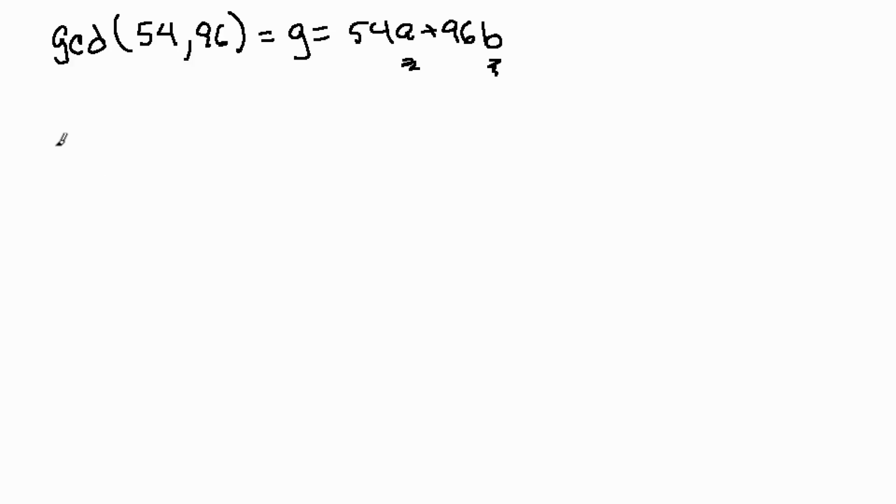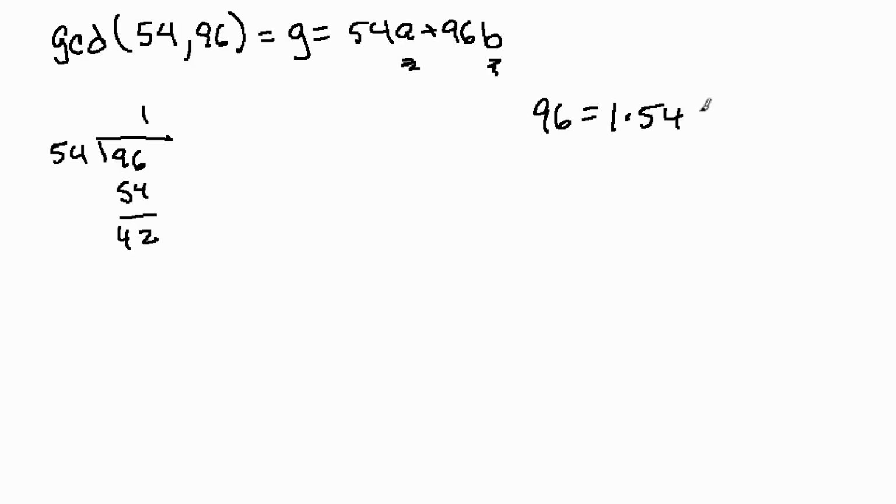So the way we go ahead and do this is, first of all, 54 goes into 96 one time, 54, and I get a 2, and I get a 42. So I get that 96, I'm going to write it way over here, 96 is equal to 1 times 54 plus 42.